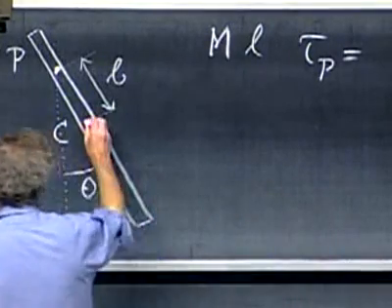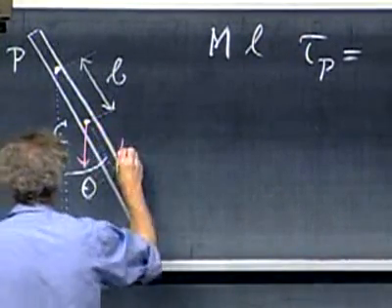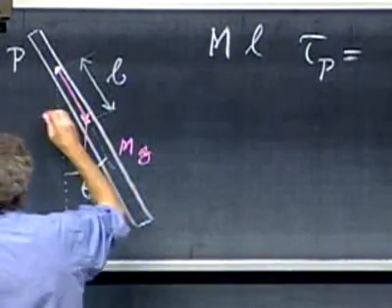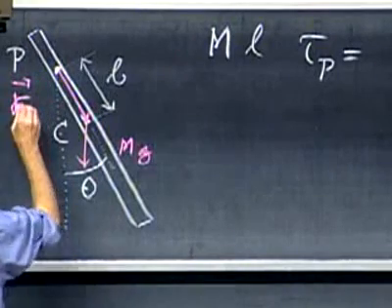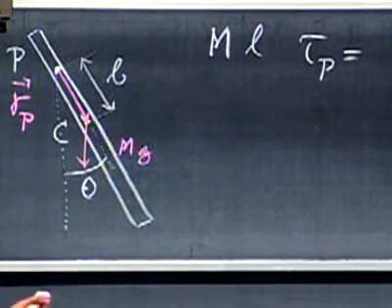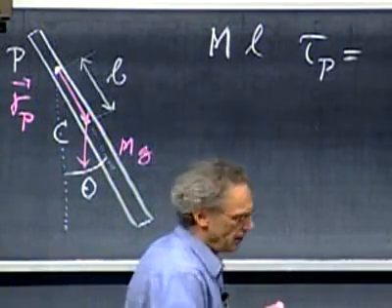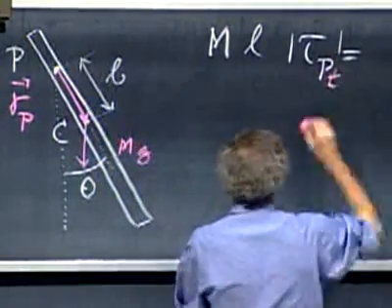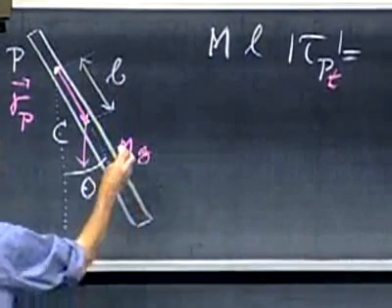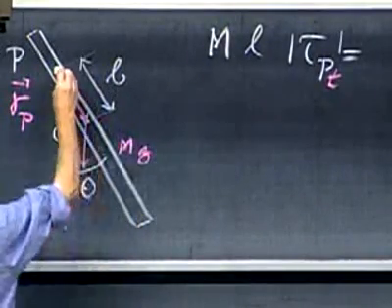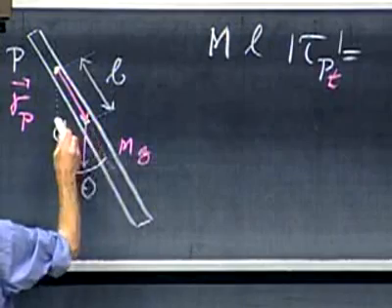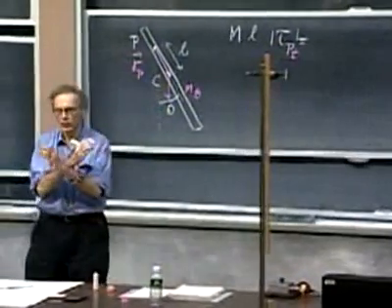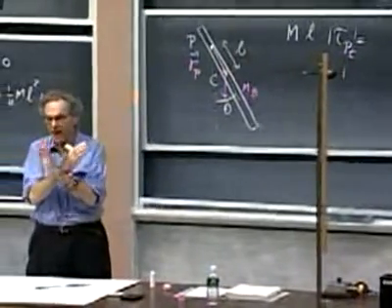All I worry about now is this mg and this position vector rp. That determines the torque. And the magnitude of that torque, and I'm sure that torque is going to change in time, equals mg times this distance b, but I have to take the sine of this angle theta, because remember, it is a cross product between r and f.